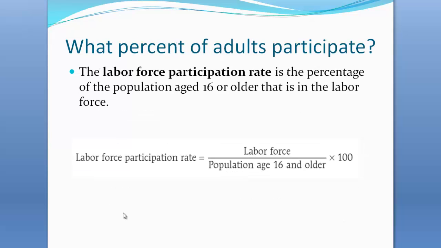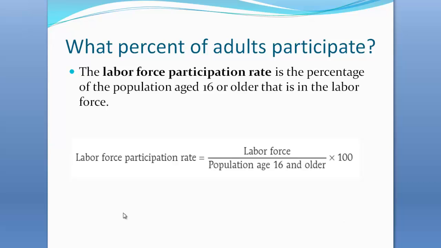What percent of adults participate in the labor force in the United States can be answered with a statistic called the labor force participation rate. It is the percentage of the population age 16 or older that is in the labor force.